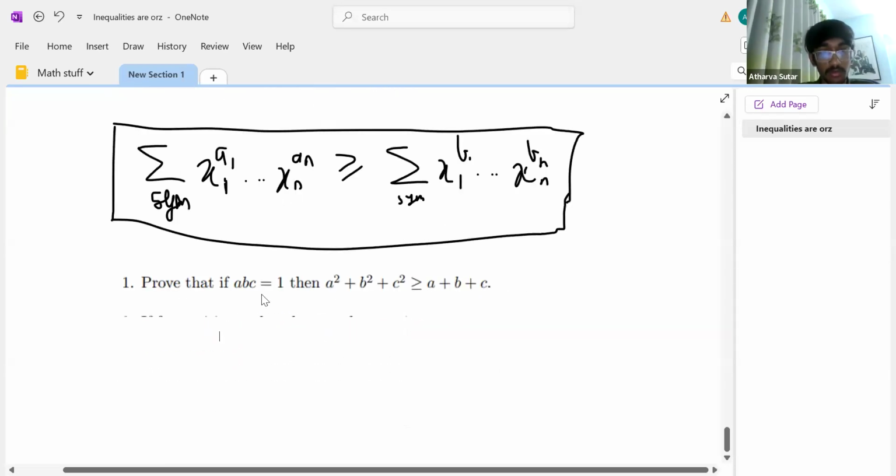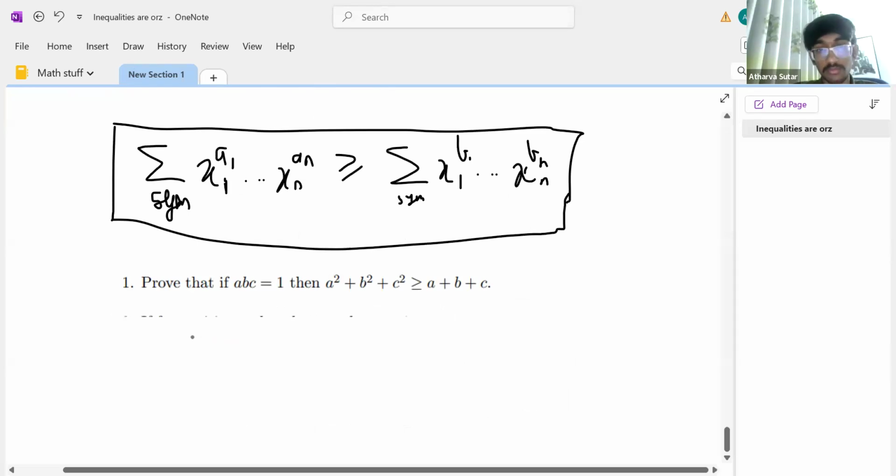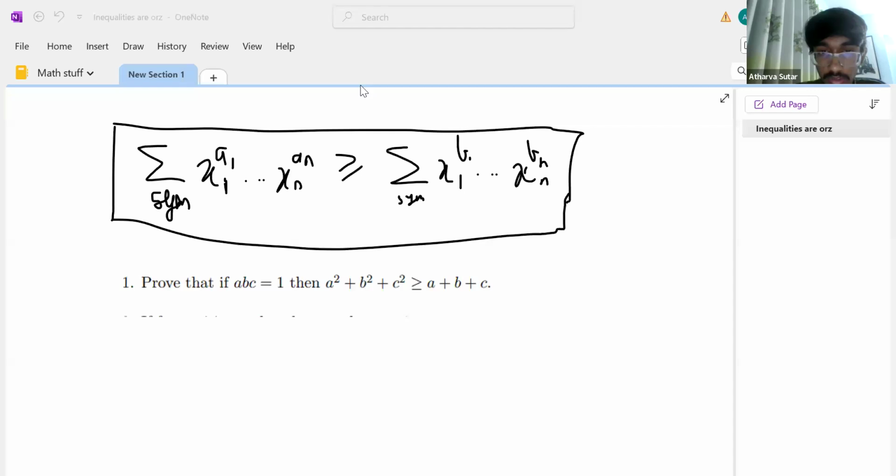What are you going to do on this problem? Can I say it or should I message? Oh yeah, you can message me. I'll share the solution in 2 minutes.